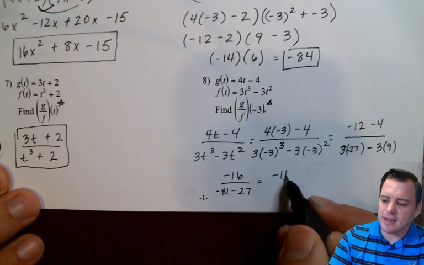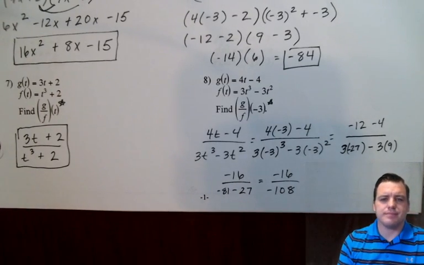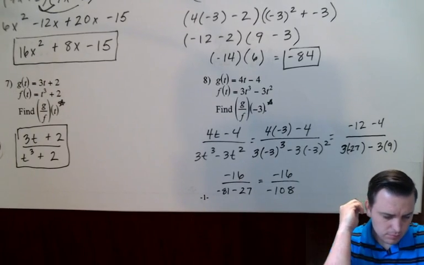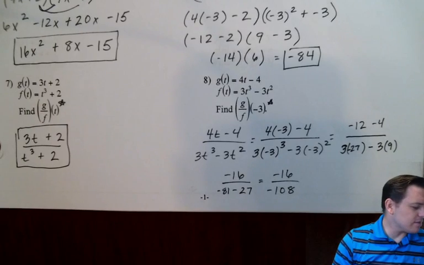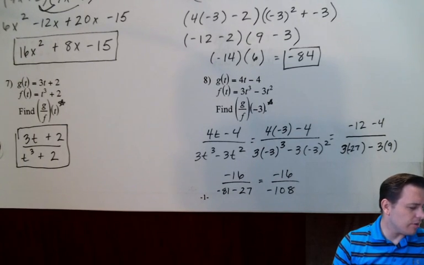That would take us to negative 16 over negative 108. And then we just ask ourselves, can this be simplified? And it can, but by what number? 16 won't go into it. What's the best number to go into that?